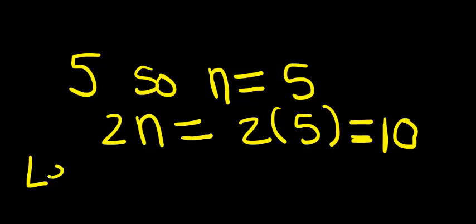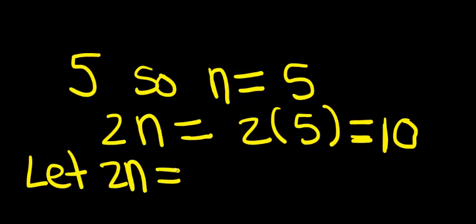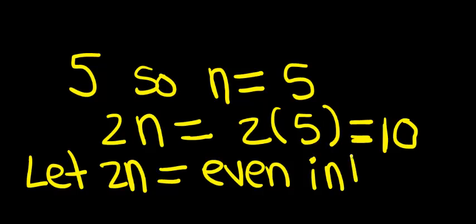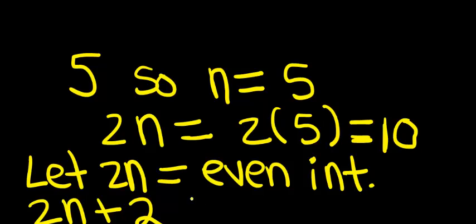So we let 2n equal an even integer, and I'm just going to abbreviate integer int. Well, the next one has to be 2n plus 2. Remember, we have to add 2 to our even integer to get the next one.